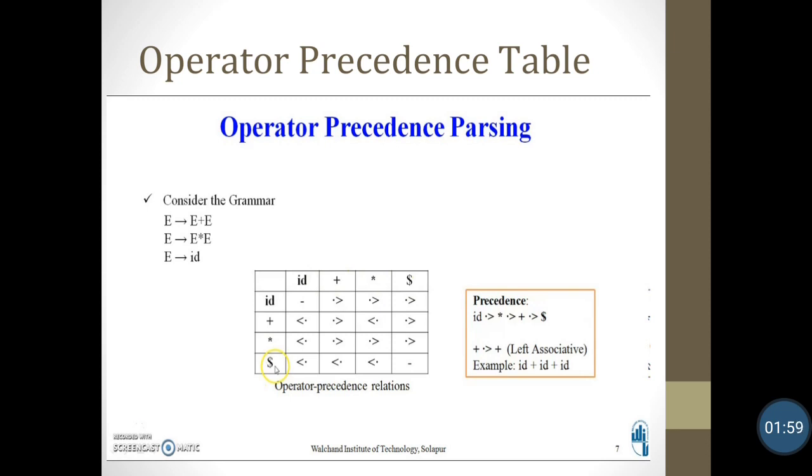Now we will create the operator precedence table. Consider this example and create a table. We have plus, star, ID, three operators here, and we will add the $ sign in this table. So in each row we mention these operators and in each column we will mention these operators.